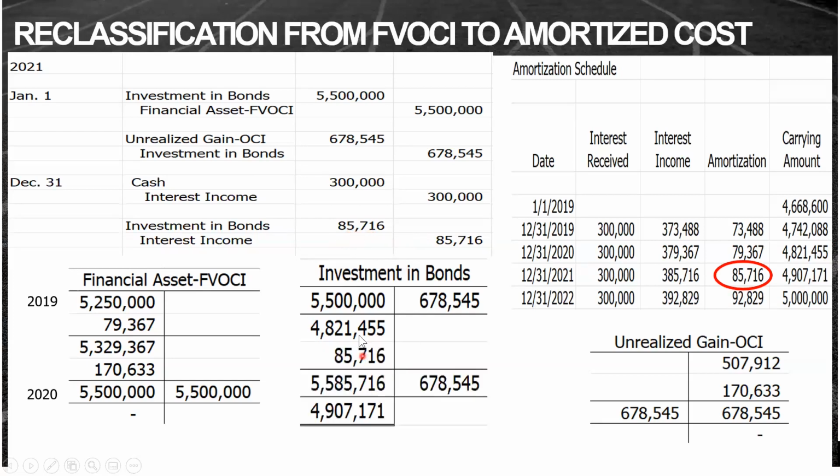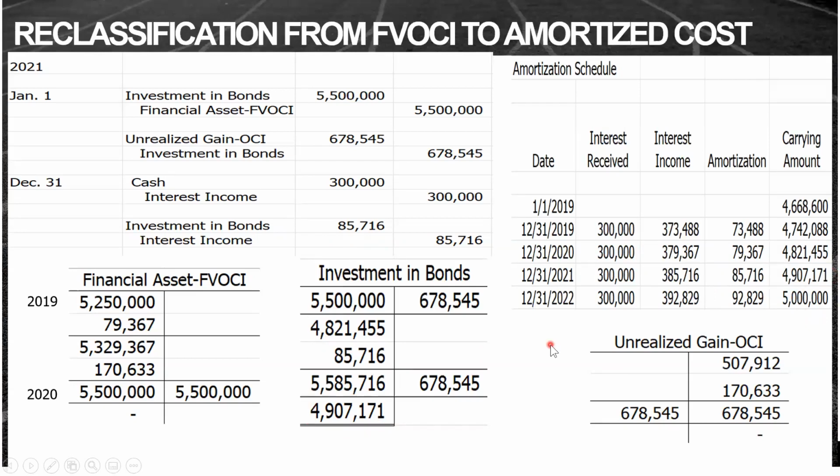If you're going to add your 85,716, actually, yung balance natin is 4,907,171. If you go back to the amortization schedule, it's the same amount that will reflect in our schedule.